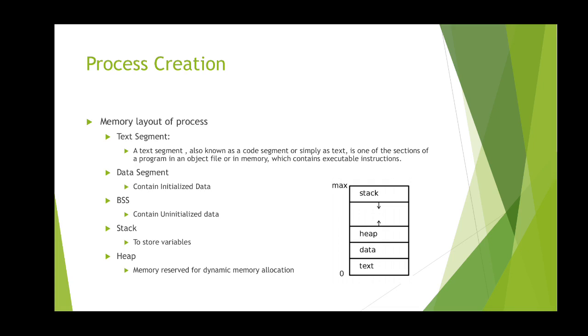So in C or C++ language, we can use the calloc and malloc functions to create dynamic memory locations. And after the heap, the next one is the stack segment. This stack segment is used to store variables, and it is unlike all other sections. The stack grows downwards. All other sections grow upwards.